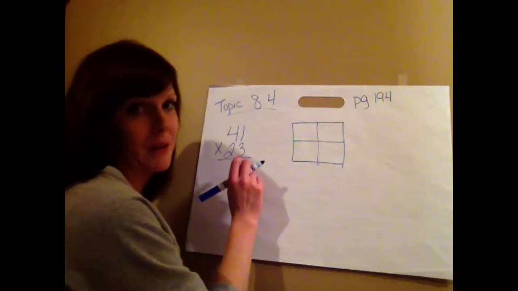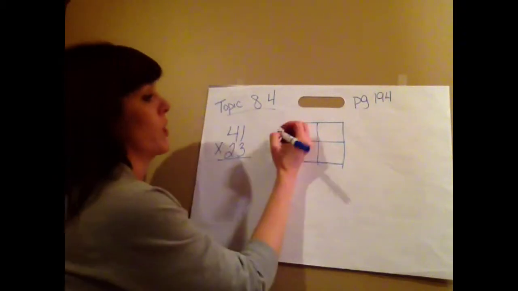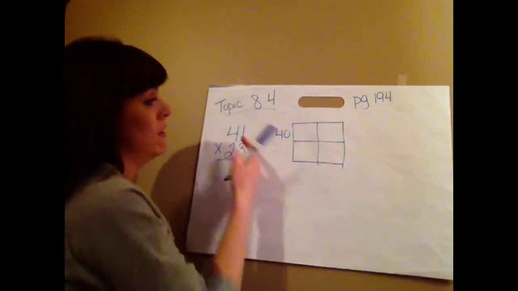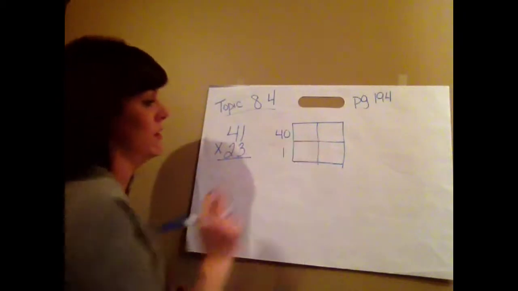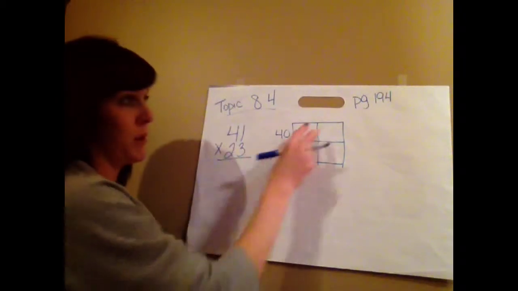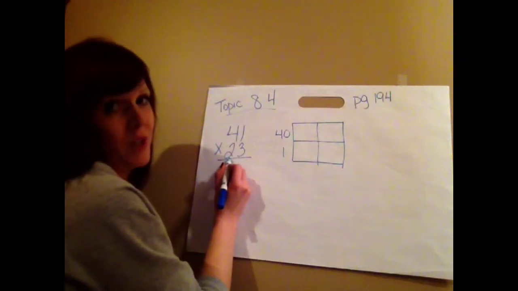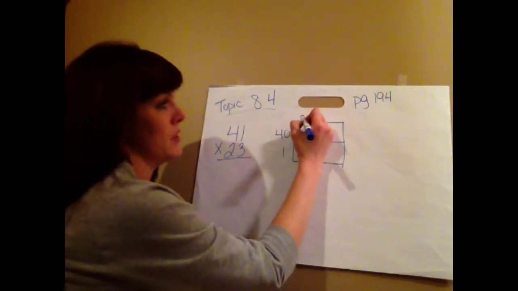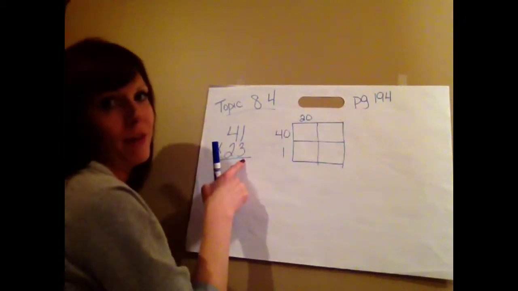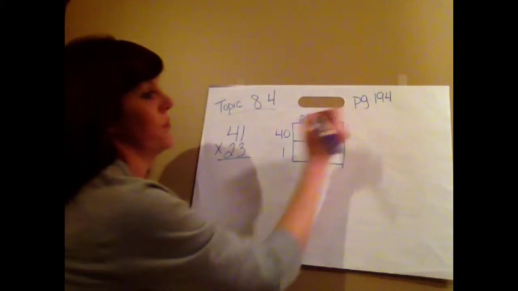I'm going to go ahead and break these numbers down. 40 and 1, and 23. I'm going to break down up here. 2 is in the tens place, so it represents 20, and 3 is in the ones, so it represents 3.